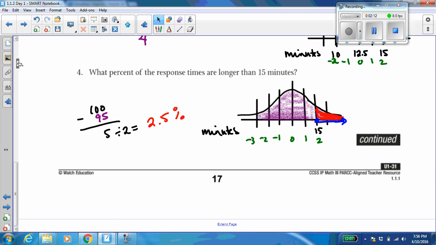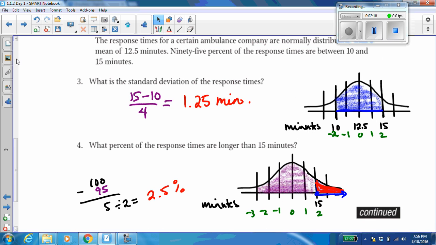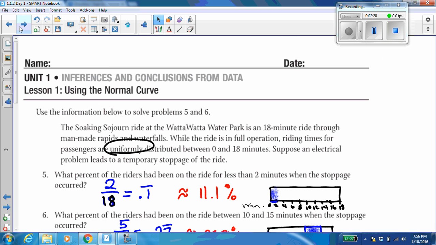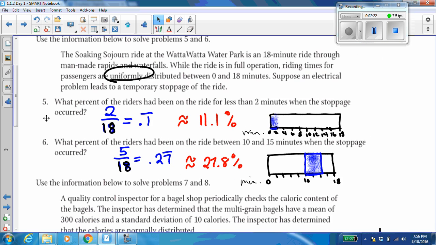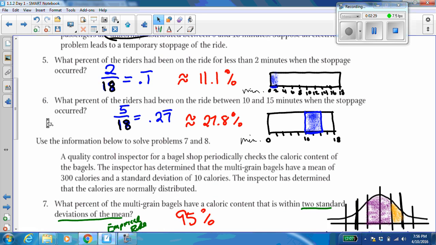Example number 4, 2.5%. Example number 5, about 11.1%. Example number 6, about 27.8%, and remember those are with our uniform distribution.